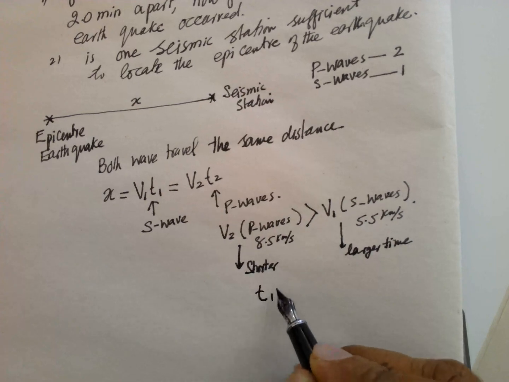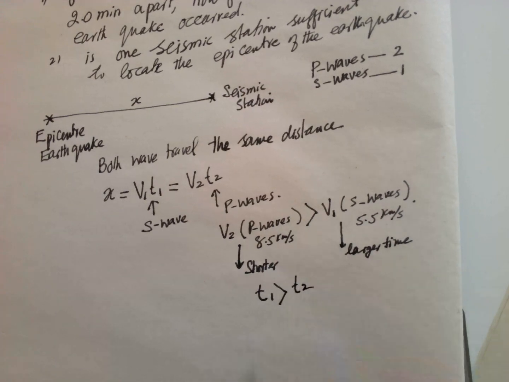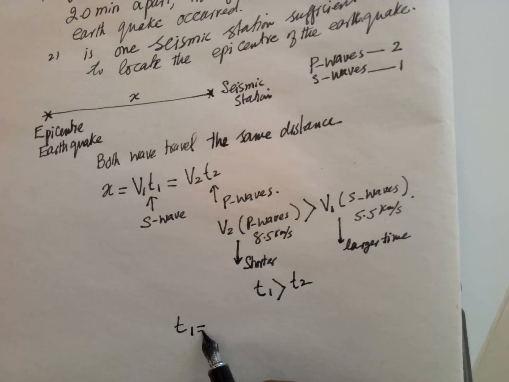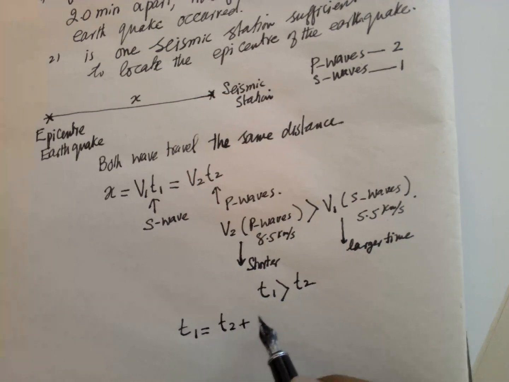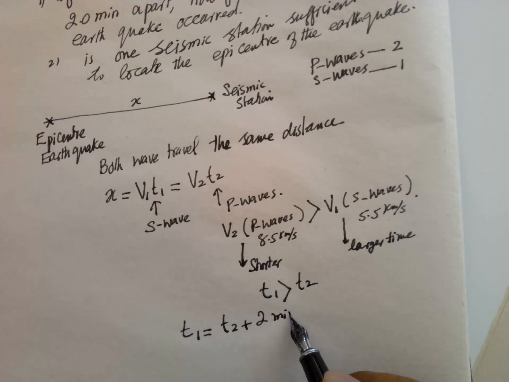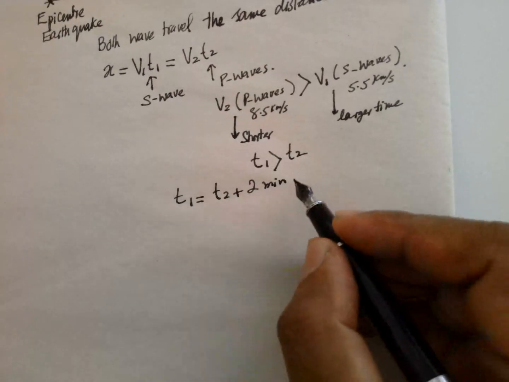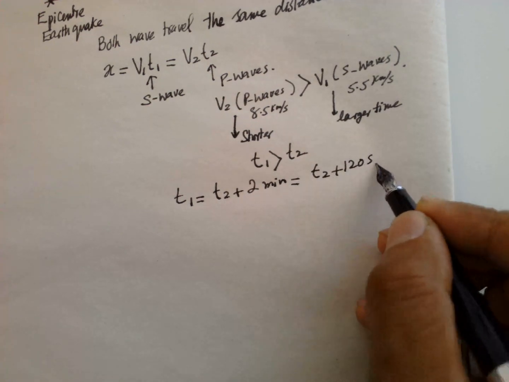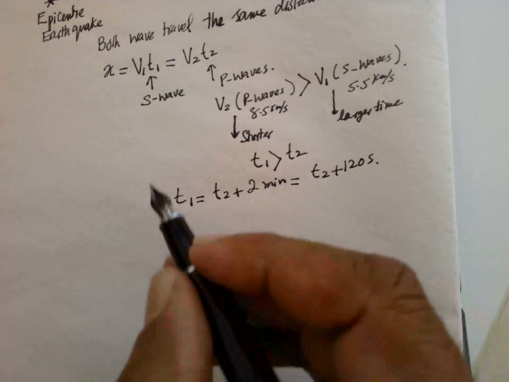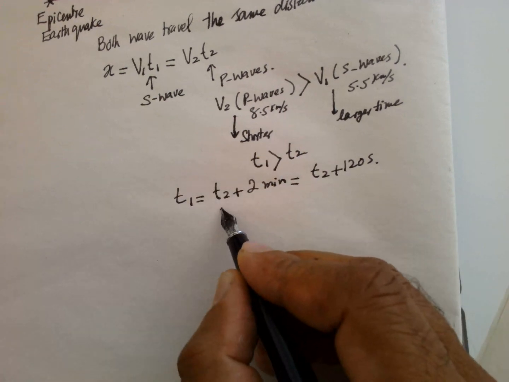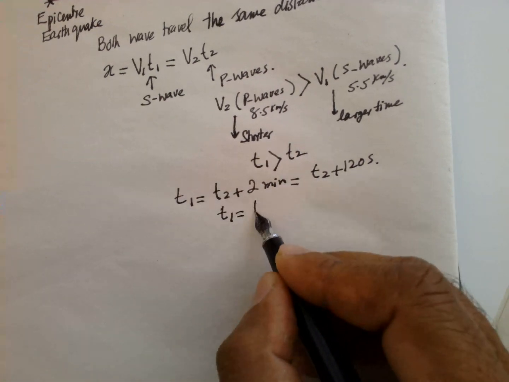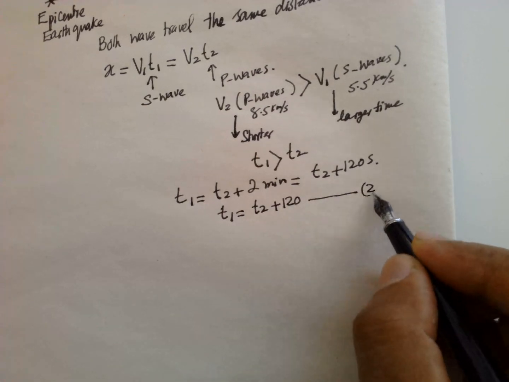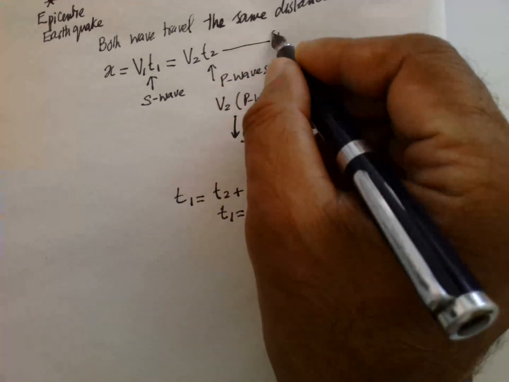So T1 is greater than T2. So then we can say T1 is equal to T2 plus 2 minutes. 2 minutes is equal to 120 seconds. So this equation, T1 is equal to T2 plus 120, is equation 2. This is equation 1.